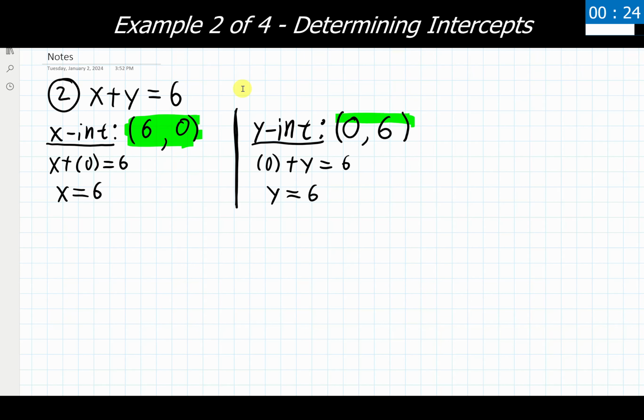After that, we get that the y-intercept is at the point 0, 6. So we have our two answers here. All we're going to be doing with all of the future examples is determining, all right, I'm plugging 0 in for x or y, depending on which one I'm solving for, and calculating from there.